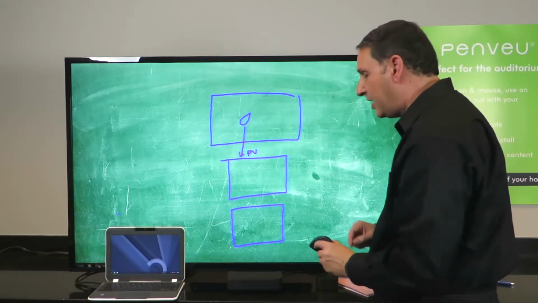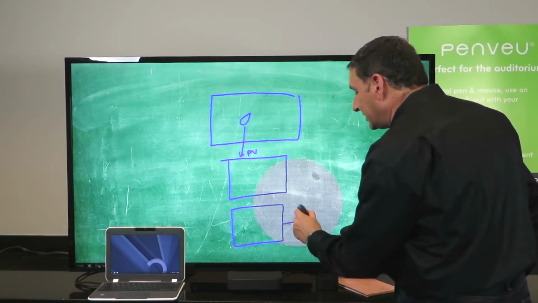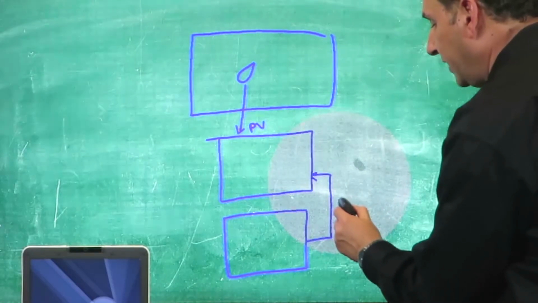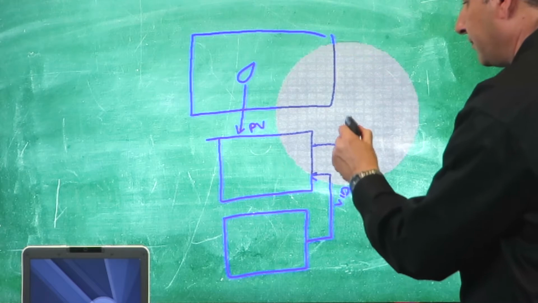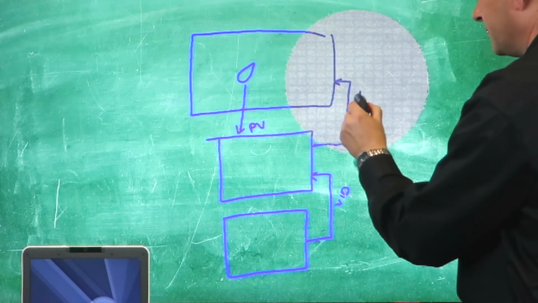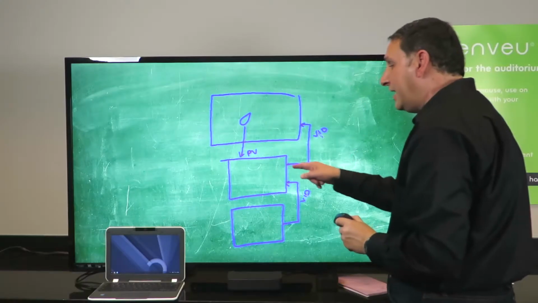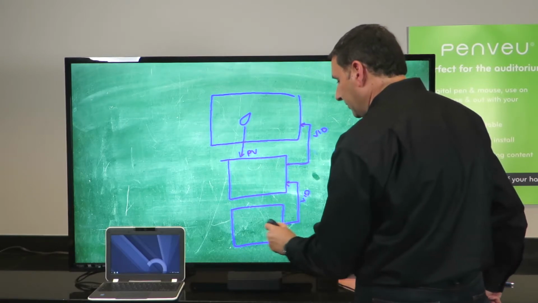What's special about the Penveu system is that this is the only system where the video signal goes through the Penveu system and into the TV. The ink is generated in here.